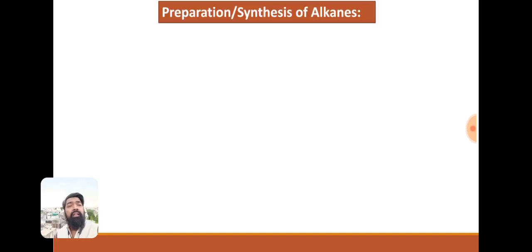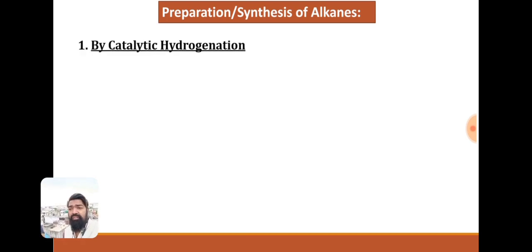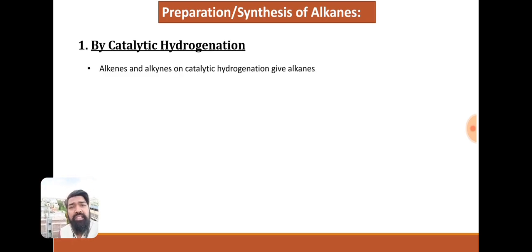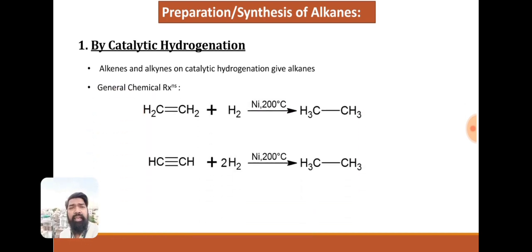Now we will classify these things into the preparation of alkanes, how we can prepare them. We synthesize alkanes with the help of, very first and very important, the catalytic hydrogenation reaction. How does the catalytic hydrogenation reaction occur? The alkenes and alkynes on catalytic hydrogenation give alkanes.